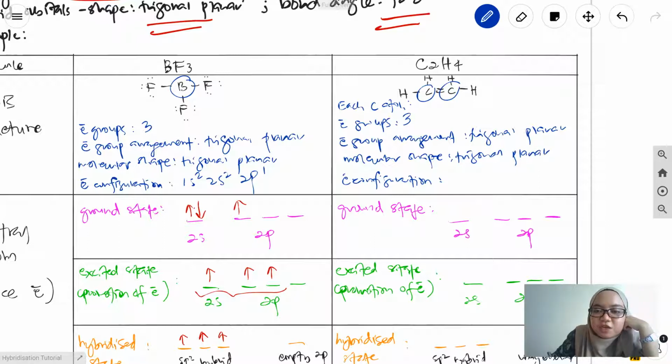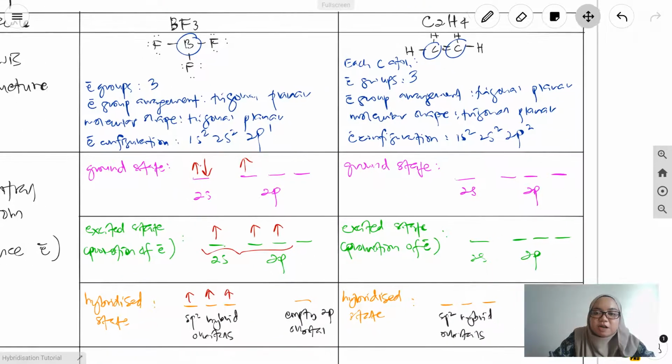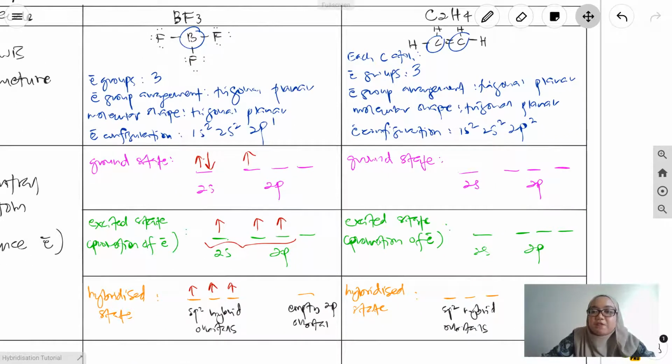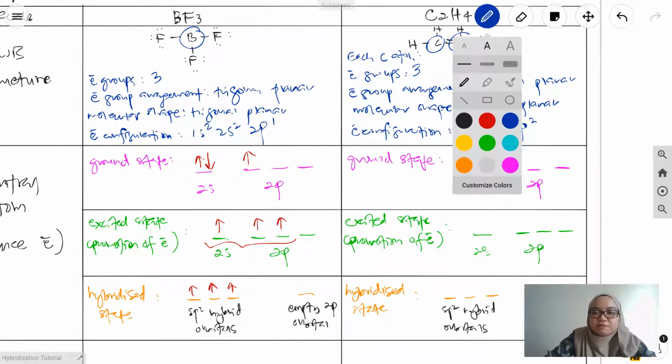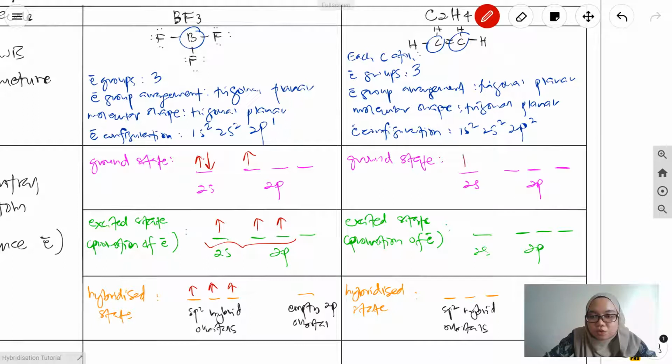And the electronic configuration is 1s2, 2s2, 2p2. Now we are going to focus on the central atom carbon, and on its valence electrons: 2s2, 2p2.